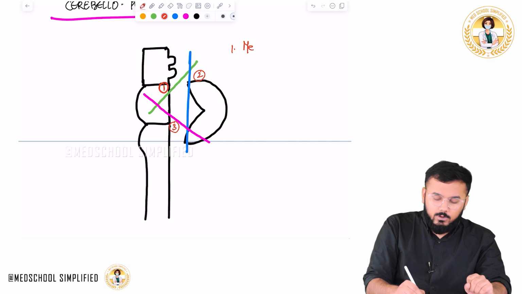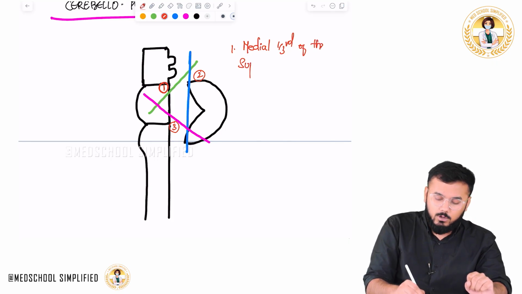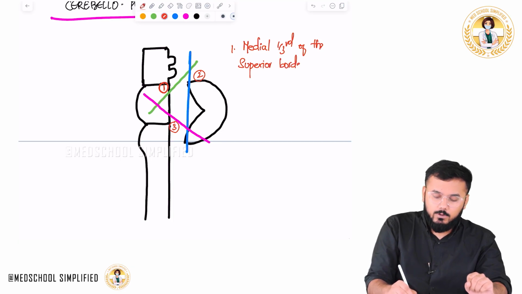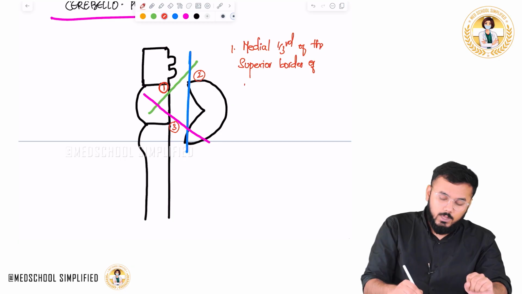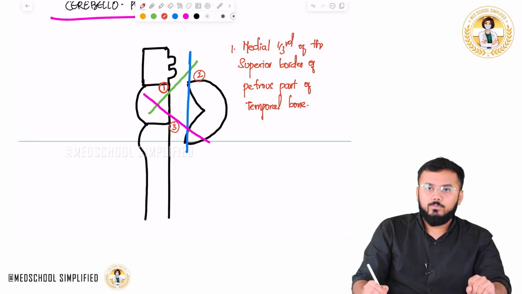So you have to write it down as medial: part number 1 forms the medial 1/3 of the superior border of the petrous bone, right? The petrous bone is a part of the temporal bone.